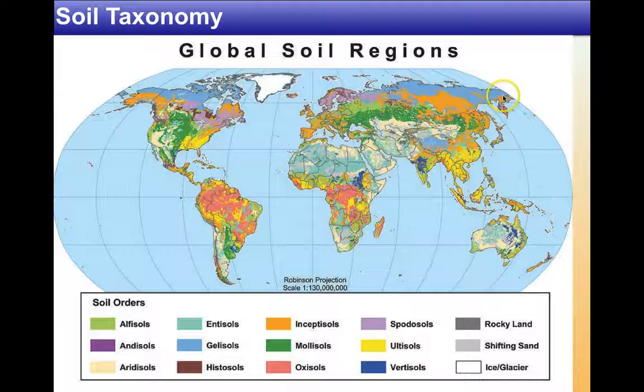And then back over here, this is Siberia, into northern Russia, the Kola Peninsula, and even down into the Moscow area. Very, very, very cold area. And you get really nice gelisol development in these areas. And so the types of plants that grow on gelisols tend to grow in these areas.